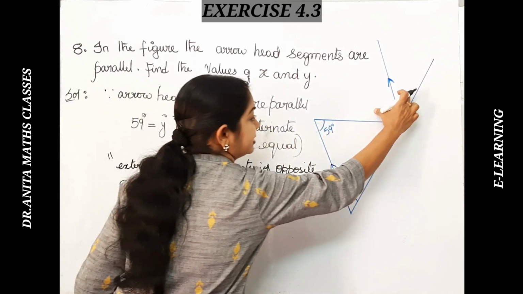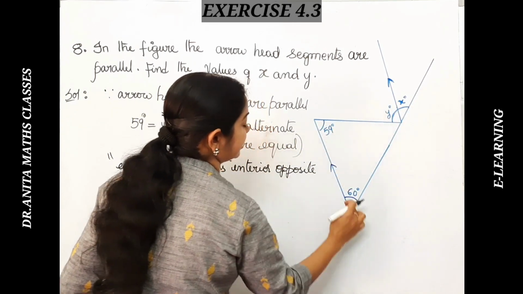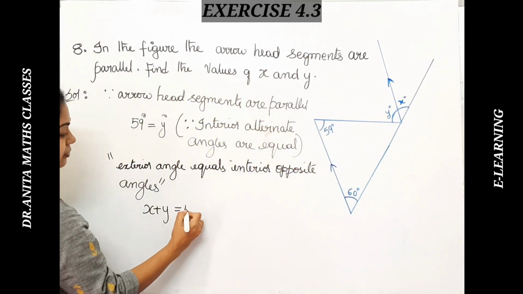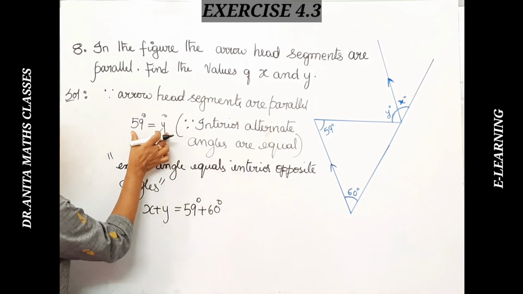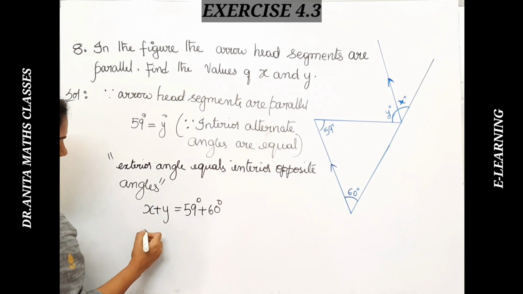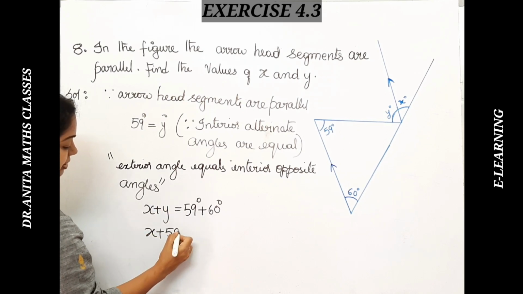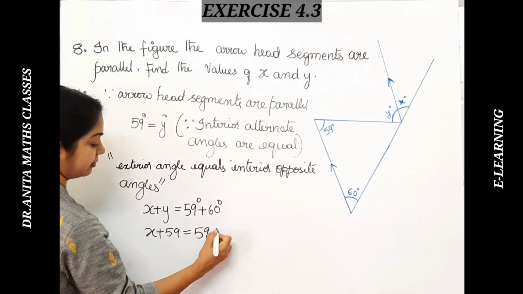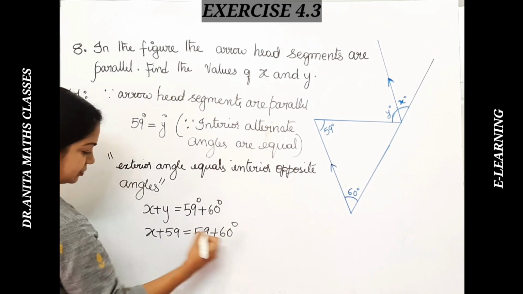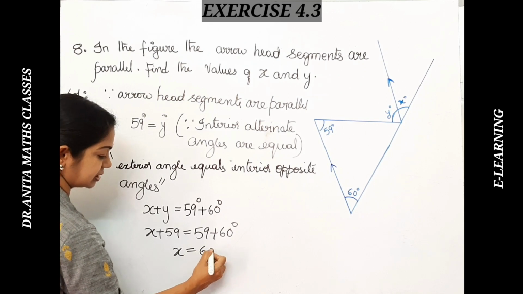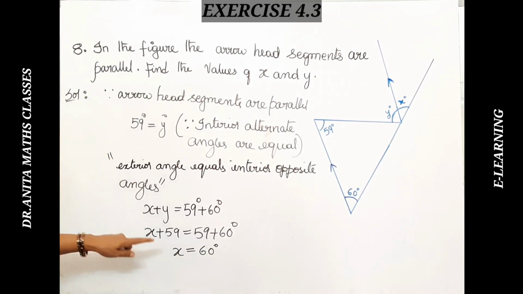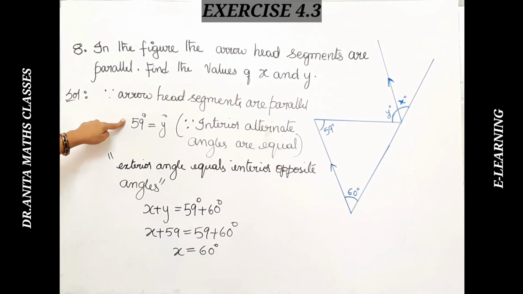This complete angle is an exterior angle, and these are the interior opposite angles. This is equal to 59 degrees plus 60. We know the value of y, y is again 59 degrees. So x plus 59 degrees is equal to 59 plus 60, right? From this we can say that x is equal to 60 degrees. Hence the x value is 60 degrees and y is 59 degrees.